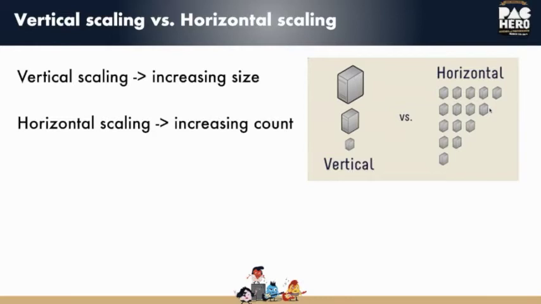And horizontal scaling is increasing the count of servers. So maybe you have 1 container and you're increasing it to 2, 4, 5, you name it. The same goes for databases, database servers, and application servers. You can increase the number of servers serving the application you're hosting or testing.